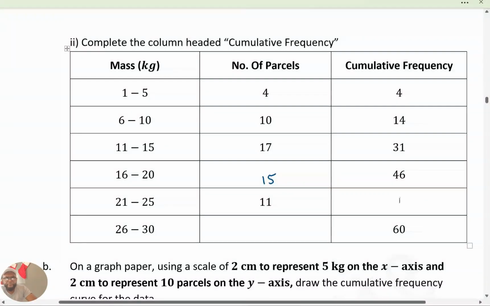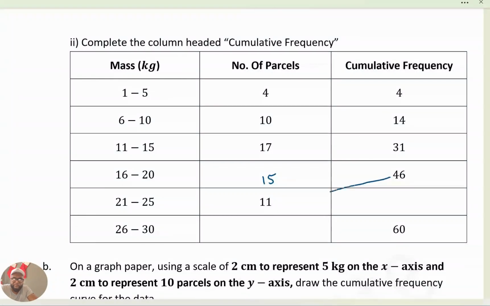Hold on, let me send this whole thing down. Yeah, that's okay. Right. So your cumulative frequency for 21 to 25 will be 46 plus 11, right? 46 plus 11, which will give me what? 46 plus 11 will give me 57, right?